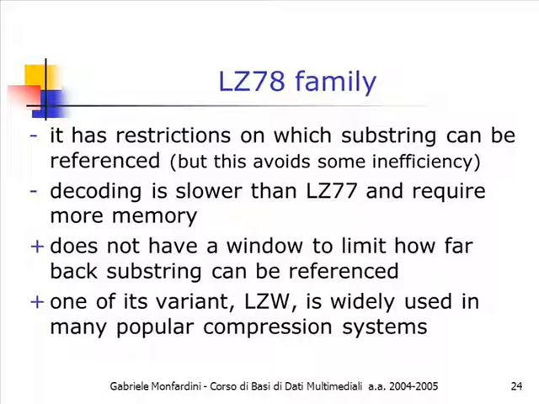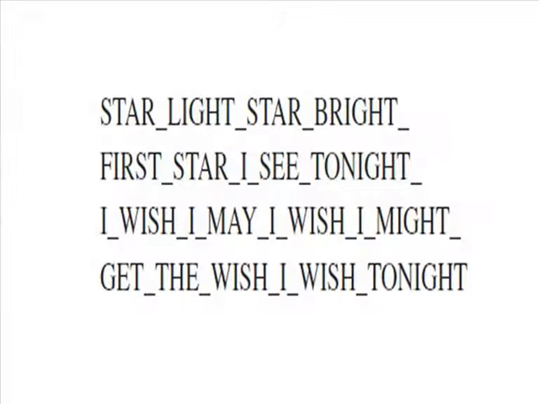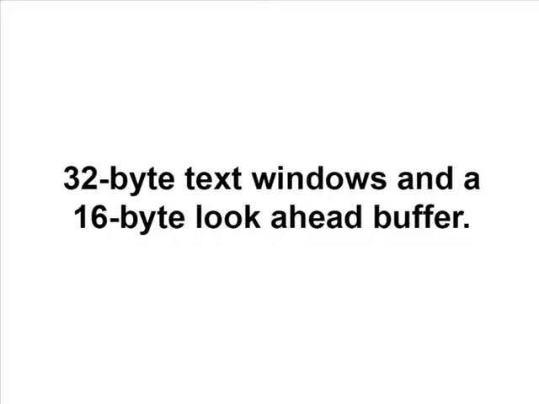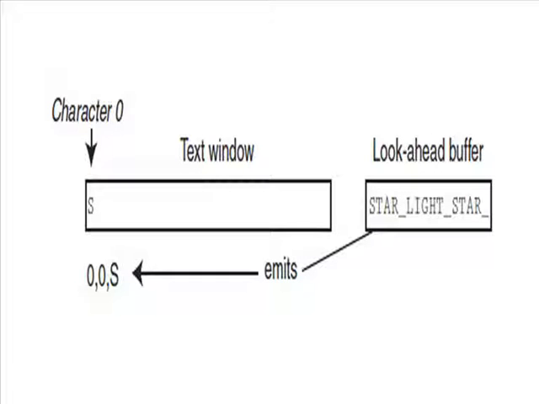We will explain this basic version through an example using another nursery rhyme. We have replaced all spaces with underscores for clarity. For illustrative purposes, we will use a 32-byte text window and a 16-byte look-ahead buffer. In practice, these two areas usually span several kilobytes.